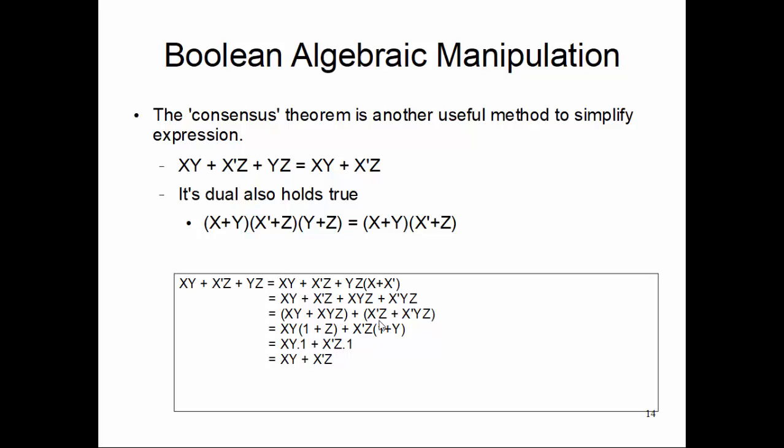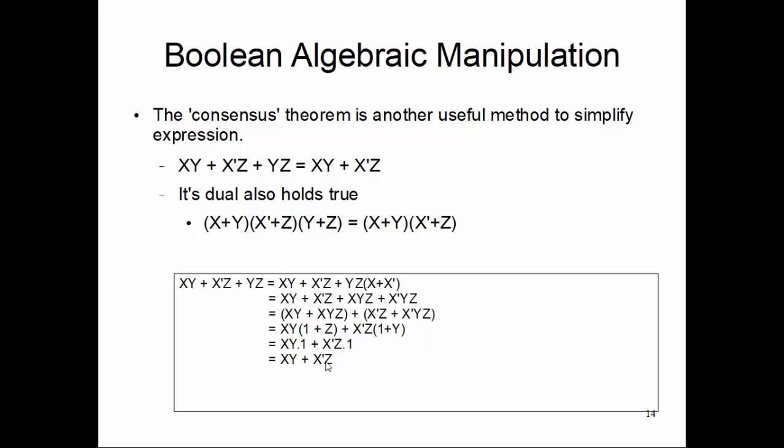With these basic identities, xy or xyz is basically xy and 1 or z, and the other term x bar z or x bar yz is nothing but x bar z and 1 or y. Then it becomes xy and 1 or x bar z and 1, and it becomes xy or x bar z.